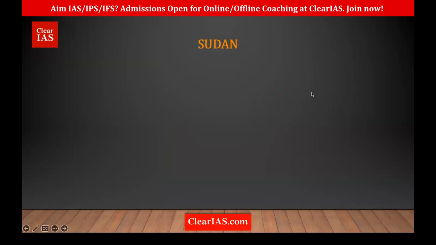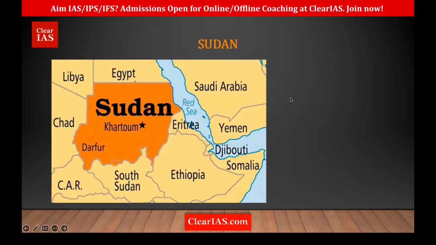Next important country is Sudan. We actually saw Sudan when we spoke about the bordering countries. So who are the bordering countries of Sudan? We have three E's in the east: Eritrea, Ethiopia, and Egypt. One in the south, that is South Sudan.